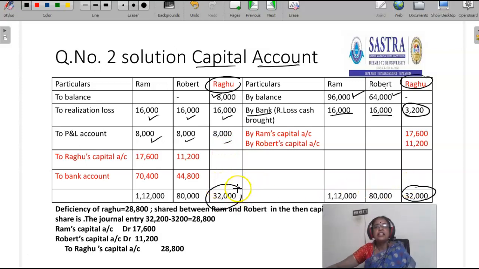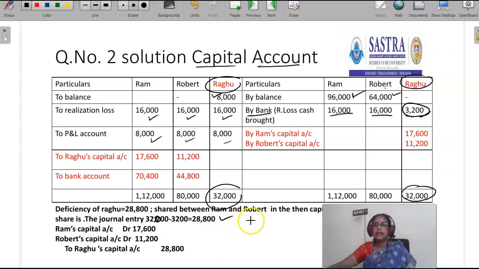The deficiency of Raghu is 32,000 minus 3,200, that is 28,800. 32,000 is the debit side balance. Here he brings 3,200, so from 32,000, if we deduct 3,200, we get 28,800 rupees.